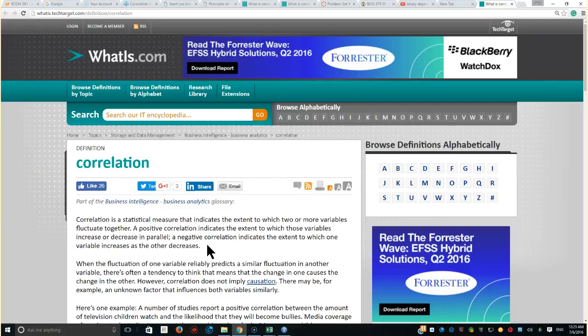The fluctuation by no means implies causation, and we need to always keep that in the back of our heads. When we talk about correlation, it does not imply causation. For example, the number of hours that a child watches TV was correlated to bullying behavior by that child.